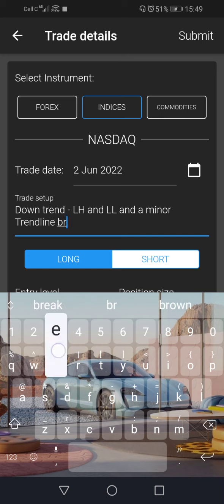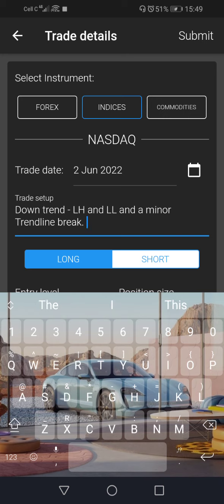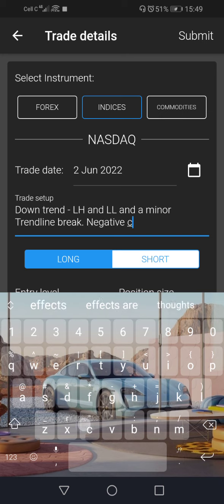Guys, I didn't want this video to go on for this long, but the information is coming in. As long as you guys are learning something, I hope you're keeping up. Lower trend line break, and we had a negative change on Nasdaq movers.